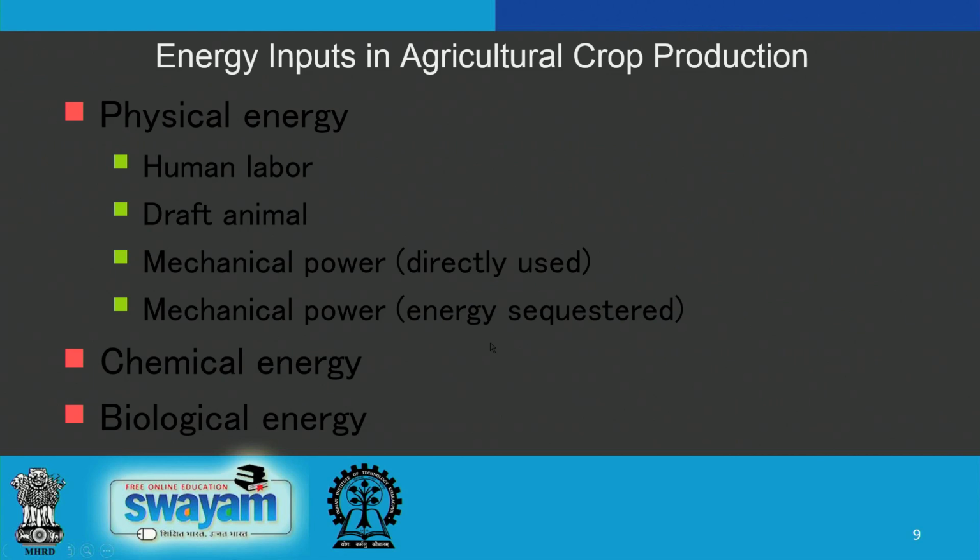The energy inputs in agricultural crop production can be classified in a number of ways conveniently. The most understandable and probably the most convenient classification is physical energy, which will include human labor, draft animal, and mechanical power which is directly used, or the mechanical power which is in terms of the energy sequestrated.